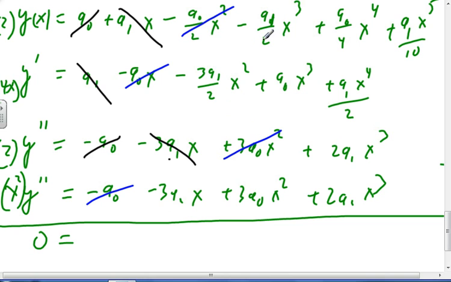I got minus 1, minus 7, plus 4 for minus 3. Why is this not a plus sign?